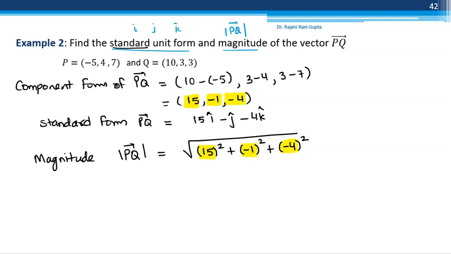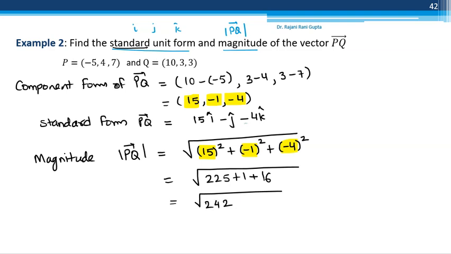It's always better to use it from the component form because there are high chances that in this case you miss the minus sign. Okay, completing this gives you square root of 225 plus 1 plus 16. Adding it, what you get? 6 plus 6, 12, 4 and 242. This is your magnitude.